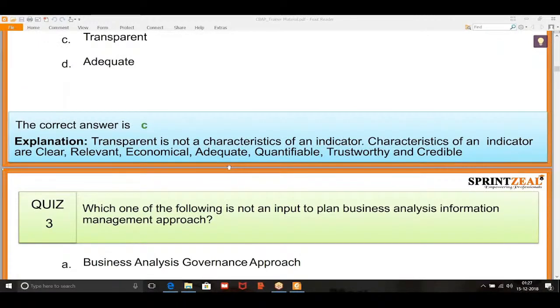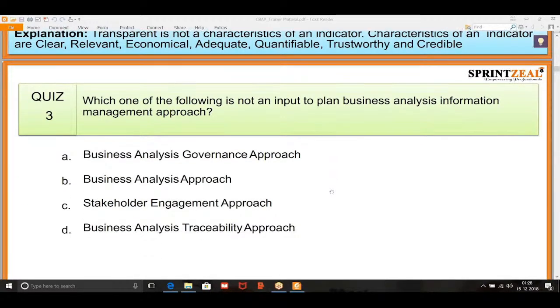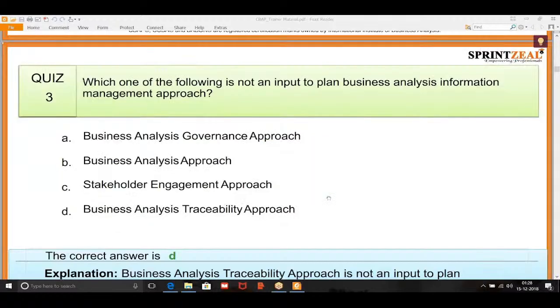Which one of the following is not an input to plan business analysis information management approach? I would say information management. Of course we have governance there, and the BA approach is there, and stakeholder. What do you think about B? I think it's the stakeholder engagement approach. It is traceability actually.